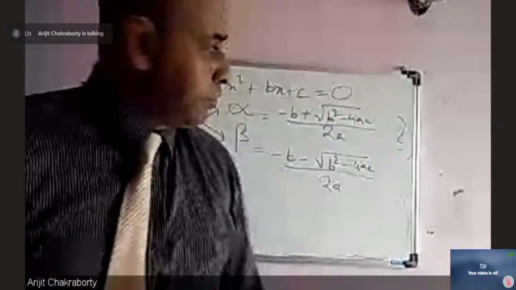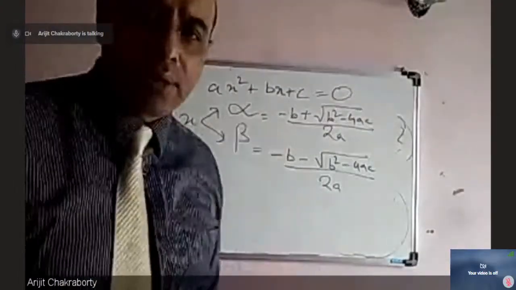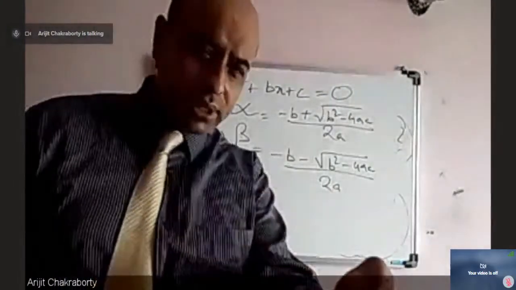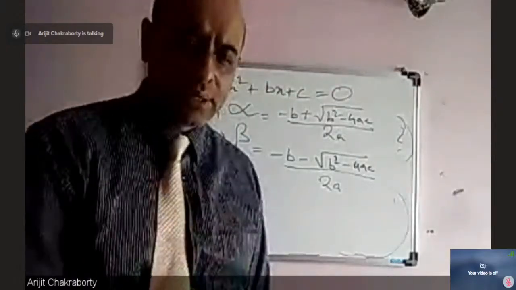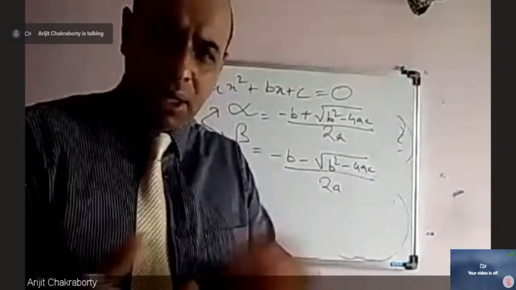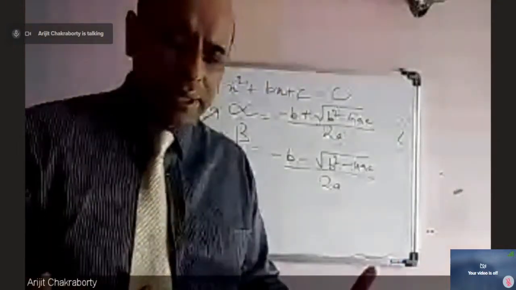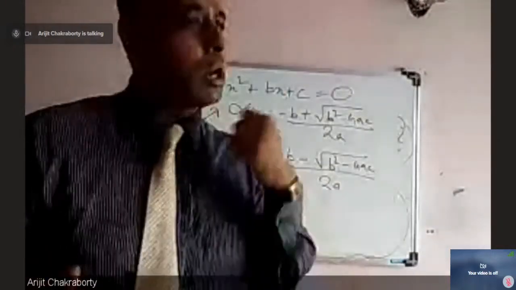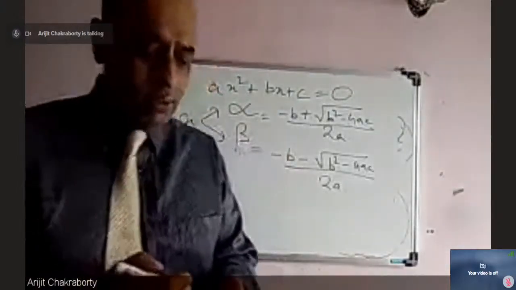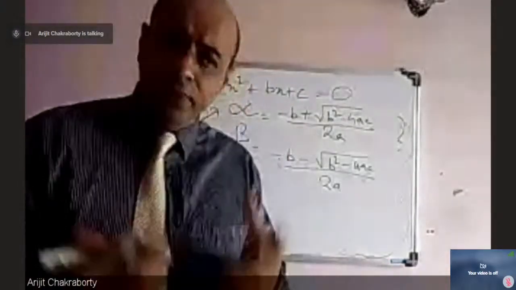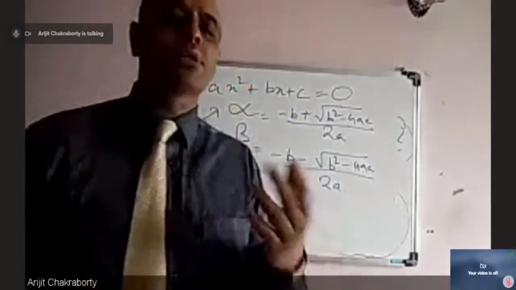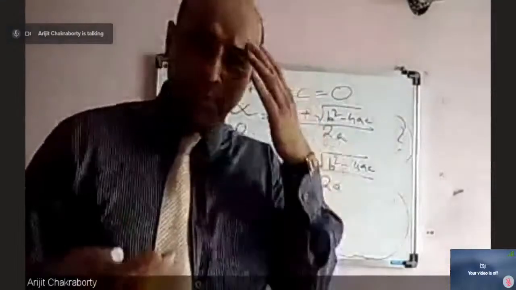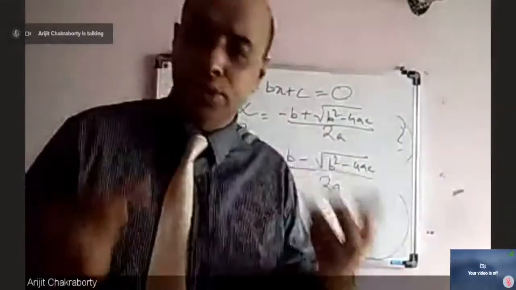If you just add alpha and beta, I request you to just do it, the more you do, the more confident you get. The more numbers you deal with, you become faster, you become confident. And even if you come from a commerce background, as I said, nothing to be worried about, because your friends who are coming from science background may be strong in mathematics, but they are not strong in accounts.